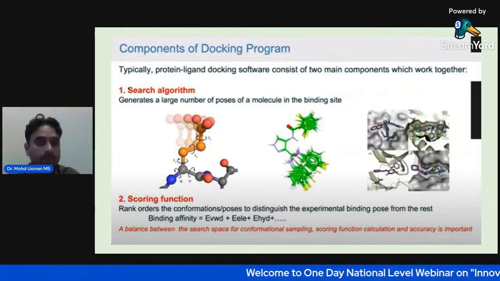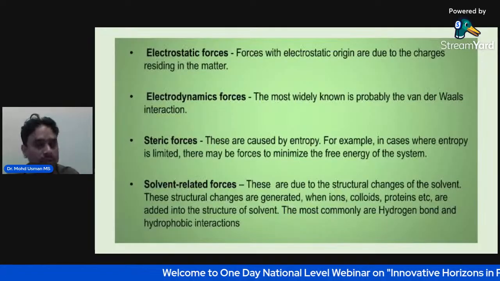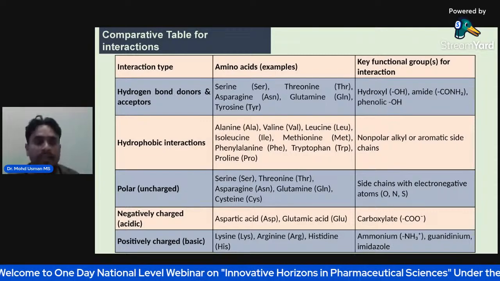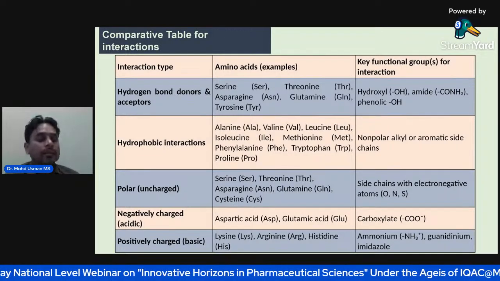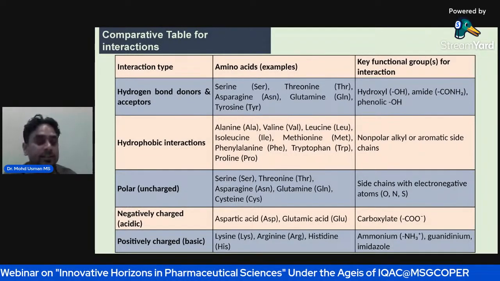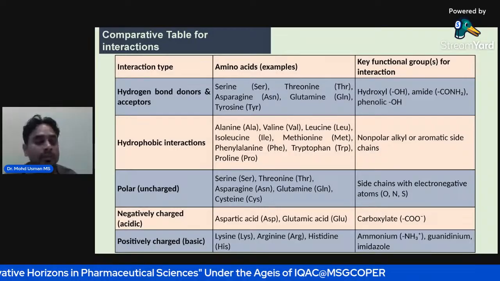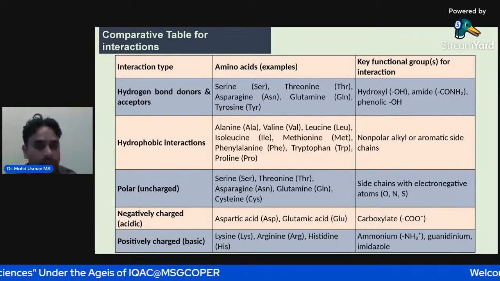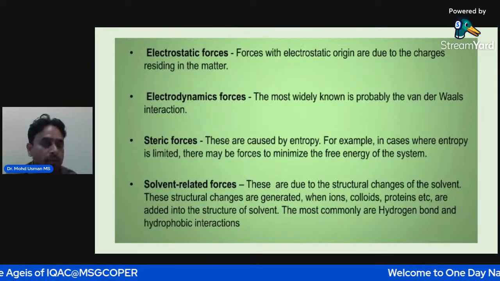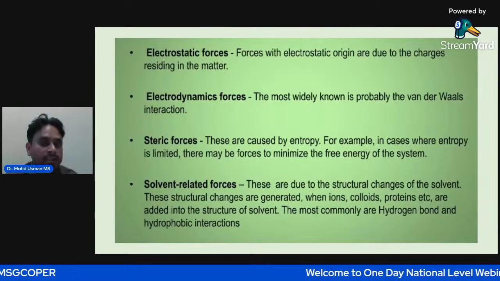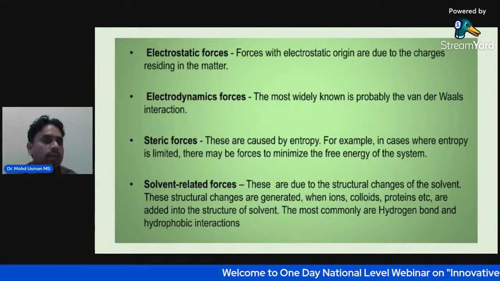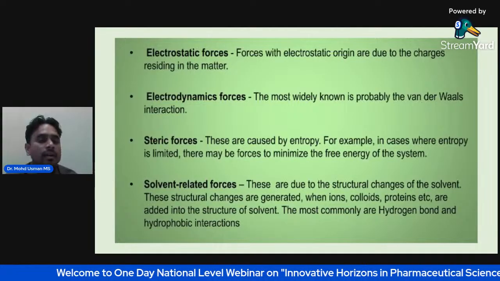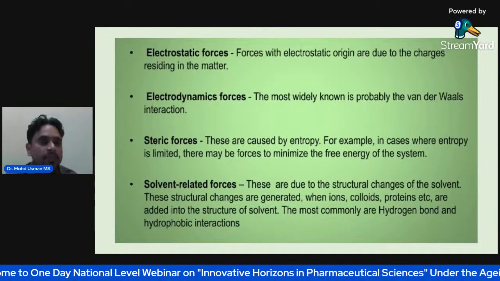Okay, these are the components of a docking program. Now the most important part is the different types of interactions available between the active site residues and the drug molecule. These are the different types of interactions or energy for interaction between the drug molecule as well as the receptor.